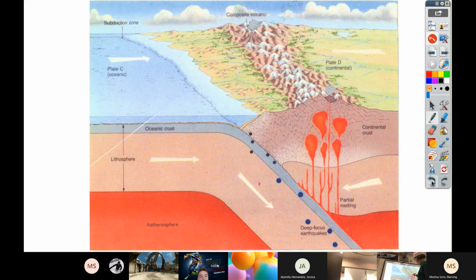And so you can see this whole range of volcanic mountains stretching off into the distance. So we've got different kinds of mountains that are formed. We've got the folded mountains where two continents collide. We have the volcanic mountains, like these ones, from a subduction zone. And then, like ours, we have the fault block mountains, where faults lift up one side of a block of land and drop another one lower.